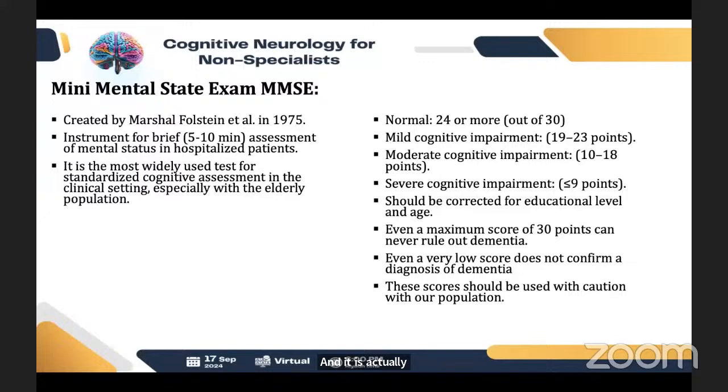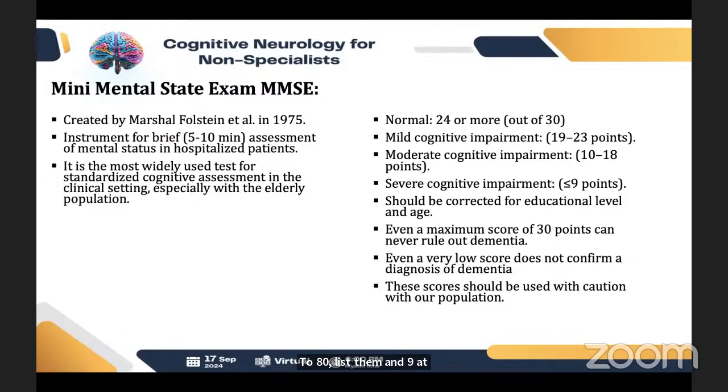Here you can see the cutoff points, and Dr. Modi mentioned earlier exactly which score indicates the patient is functioning within average. Mild cognitive impairment is a score of 19 to 23, moderate cognitive impairment is 10 to 18, and 9 and less indicates severe cognitive impairment.